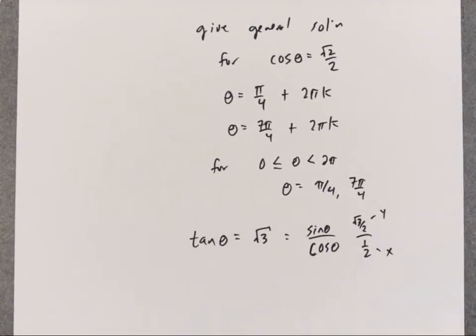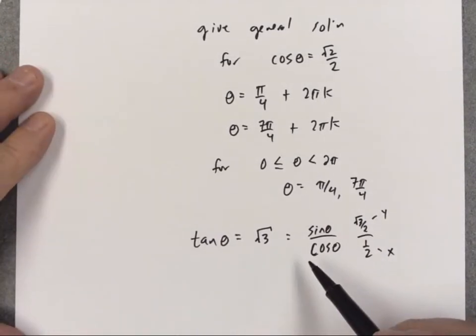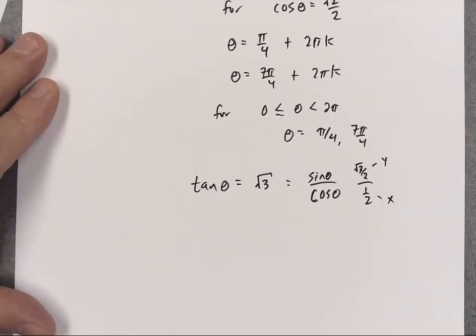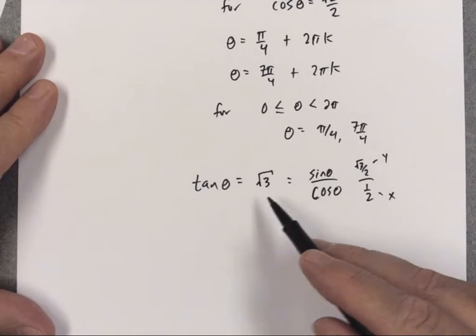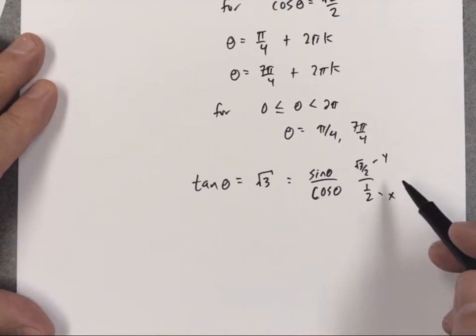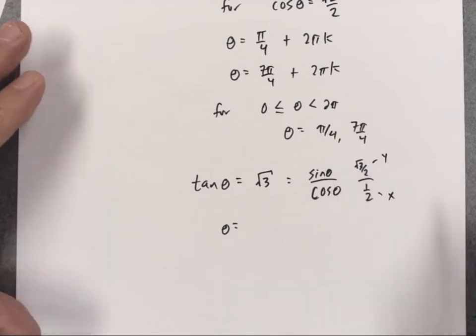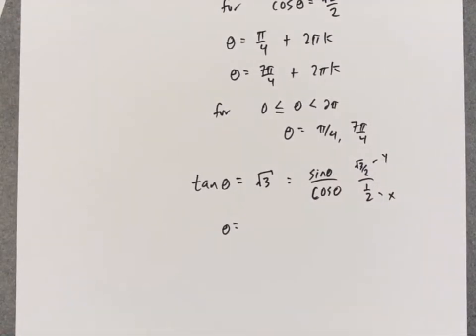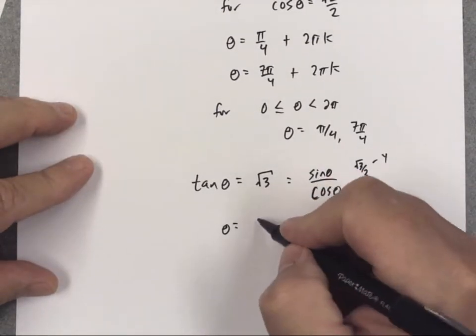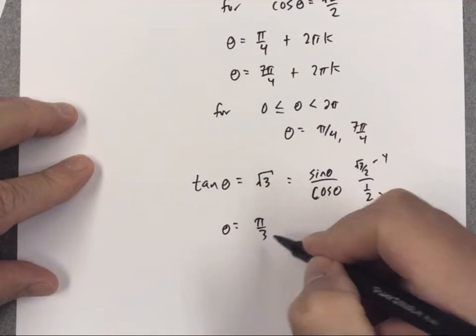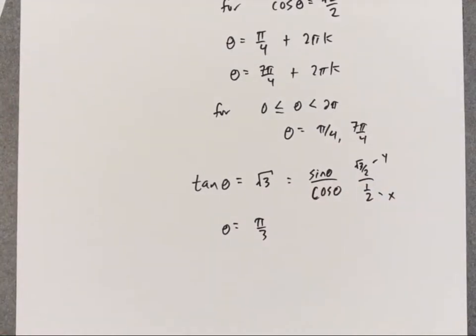Now if I want to get the general solution, let me just explain this to you. So what's the angle where this occurs? What's the angle where the sine is square root of 3 over 2 and the cosine is 1/2? Should be pi over 3.